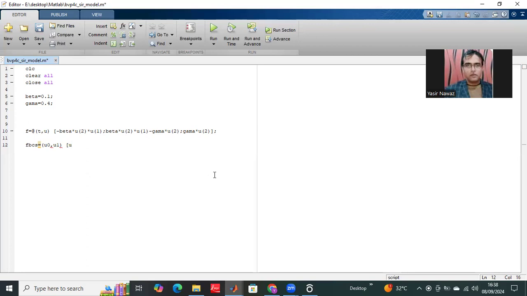Because it's an initial value problem, only u0 will be used, and u1 will not be used, because all the values are given at the first grid point.